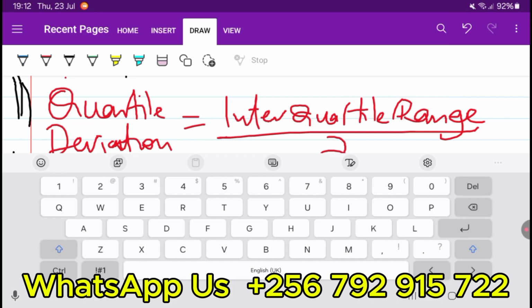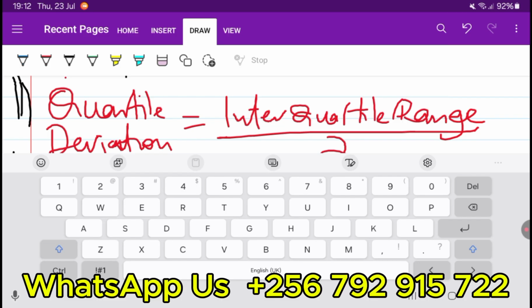In other words, we look at a distribution, then we divide that distribution into four equal quarters. So we get the data set and divide it by 4, whereby 1 will represent the first quartile, 2 the second quartile, 3 the third quartile, and the fourth one will be 4 out of 4, which means it will be a 1.